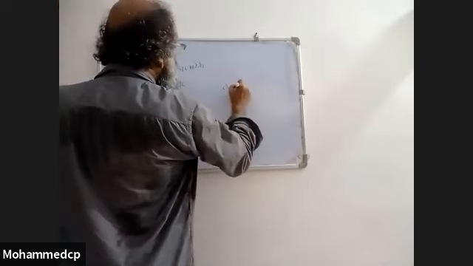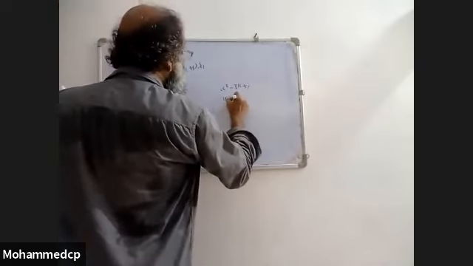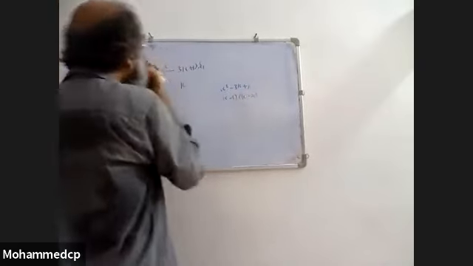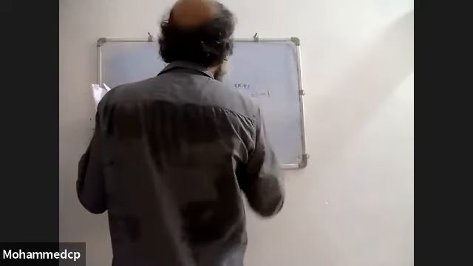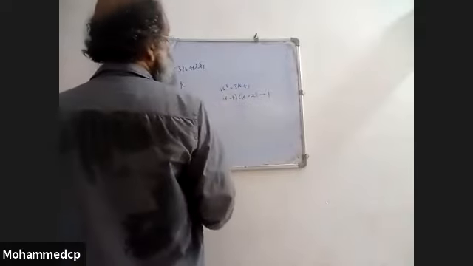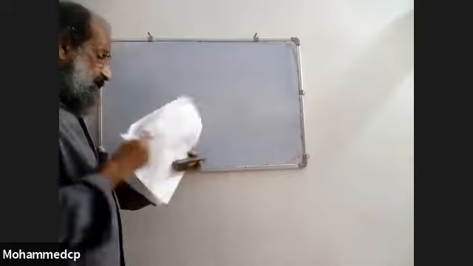So k square minus 3k, k minus 1 into k minus 2 minus 1. Okay, right.